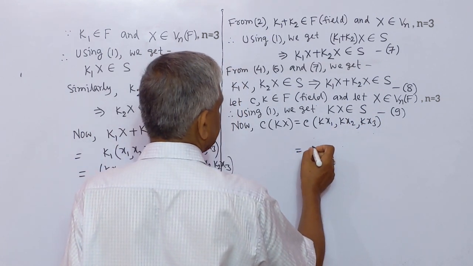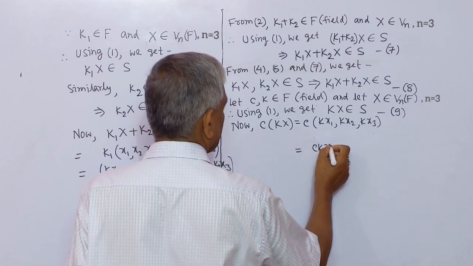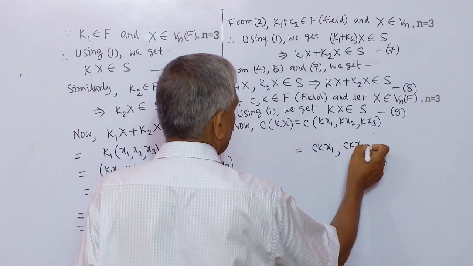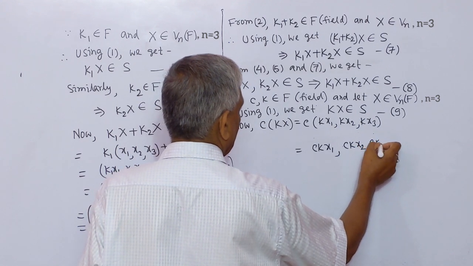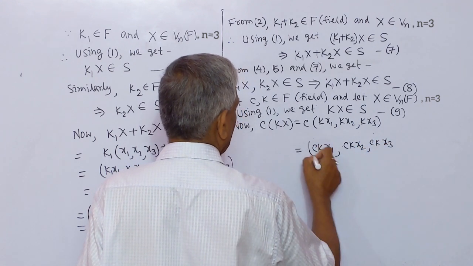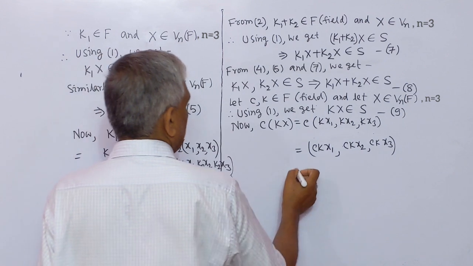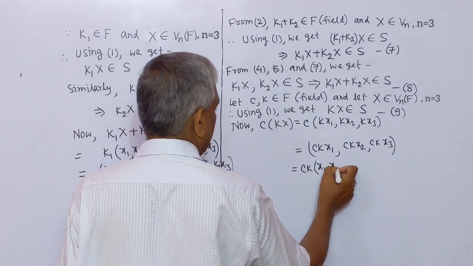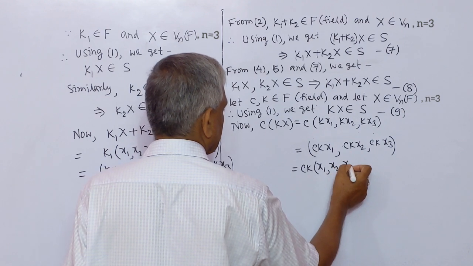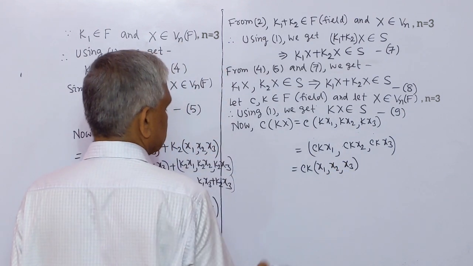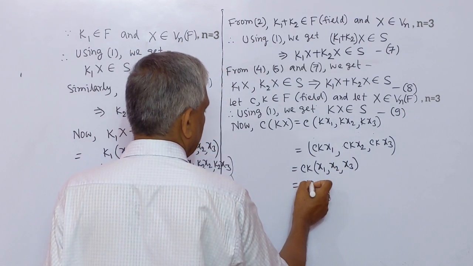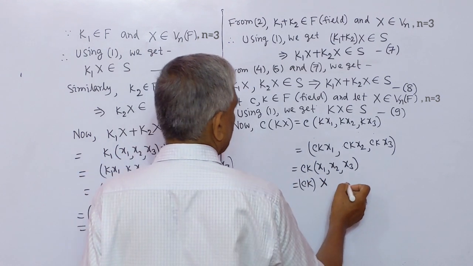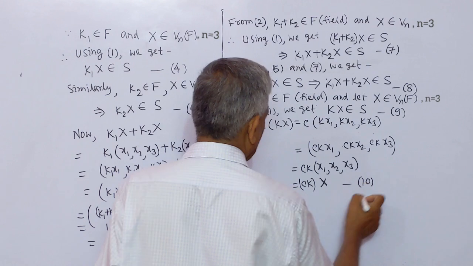This equal to CKx1, CKx2, CKx3. This is equal to C times Kx1, x2, x3. This is equal to CK times capital X. This is number 10.